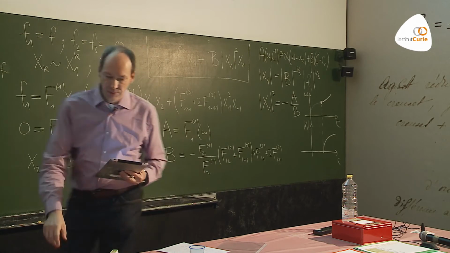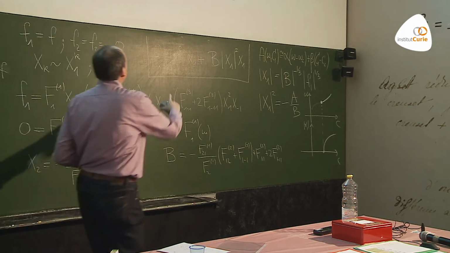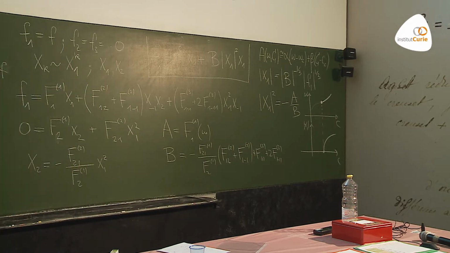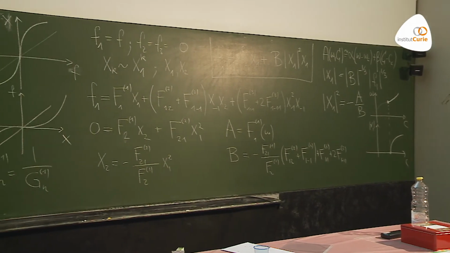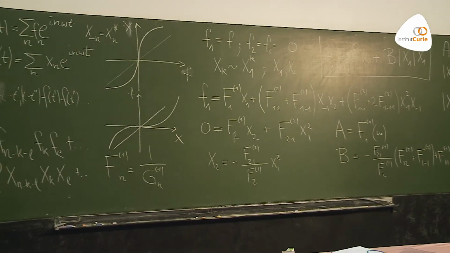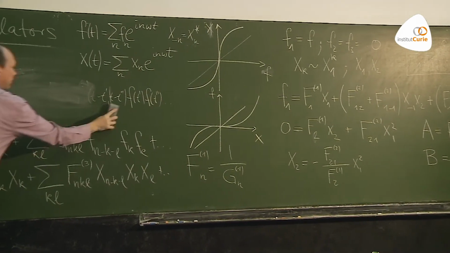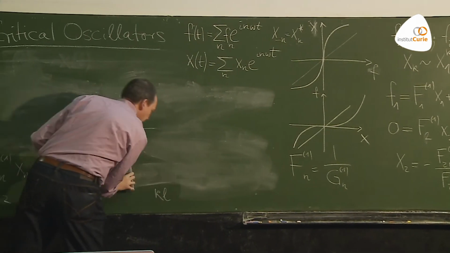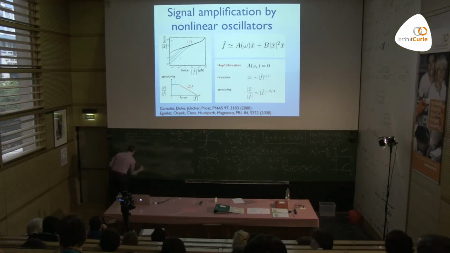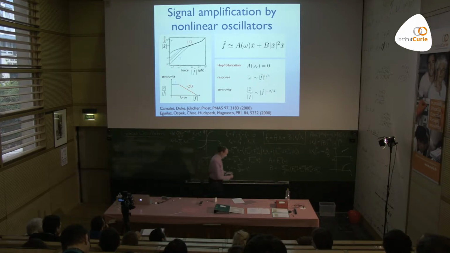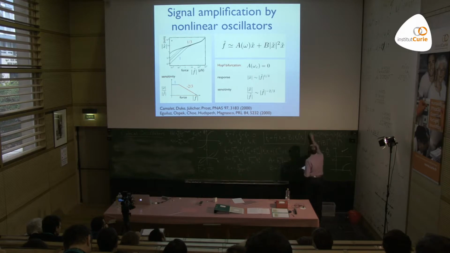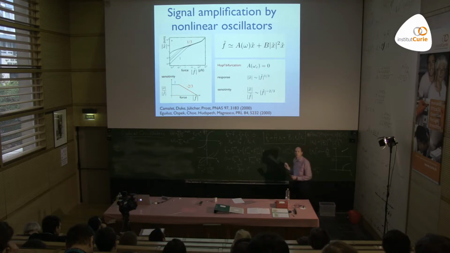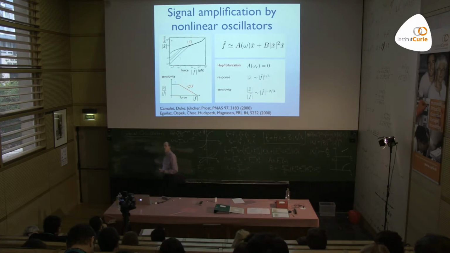I maybe use a moment to show you that this form is completely equivalent to this normal form of a Hopf bifurcation that is often used. Let me just erase this part here. What I'm going to do is use this relation and this linearization of A, which means it only works close to the critical behavior in terms of frequency and control parameter.